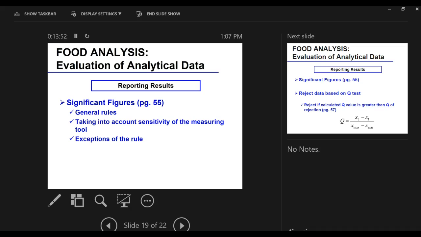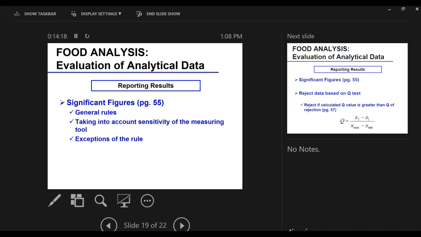Anything after, all the zeros after the decimal point, when you have the number here, counts. But if you have 0.00102, these don't count. These count. Okay. Great. You get the idea, don't you?